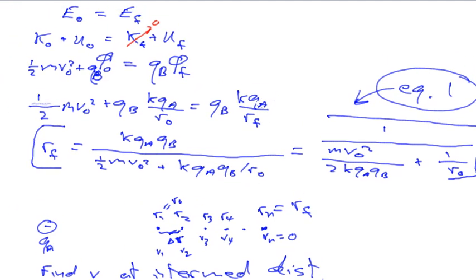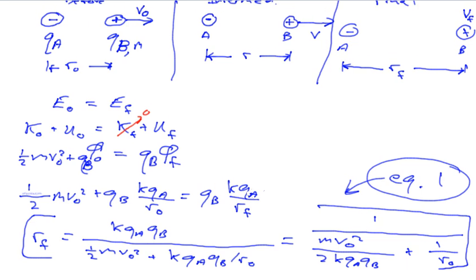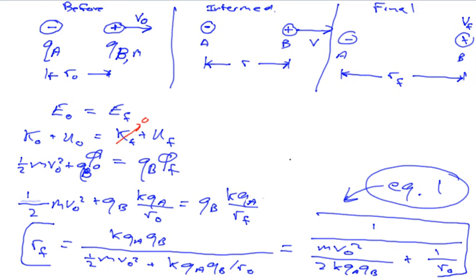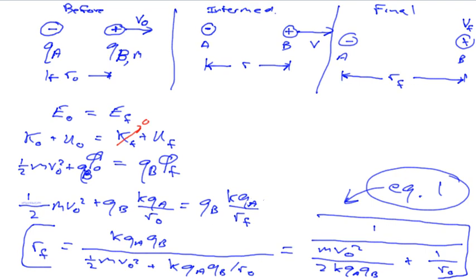So let's see if that makes any sense. QB is my moving particle. So I got kinetic energy in the before picture plus potential energy in the before picture equals strictly potential energy in the after picture.